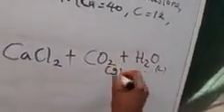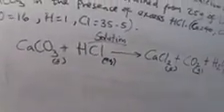That's gas, liquid, solid. So now the next step, like I said, is to balance the chemical equation. If I balance the chemical equation, you'll be considering the number of atoms.